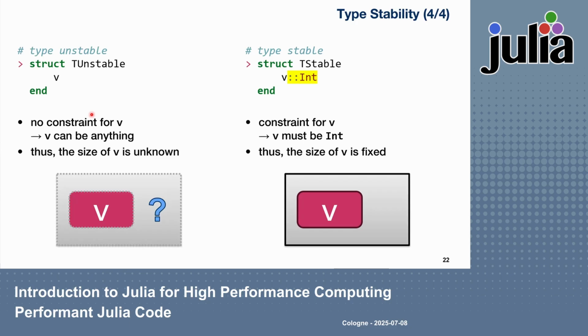But if you specify this Int inside, the compiler knows, okay, this is a structure, like a container, and this container contains an integer. Everything is concrete, as you can see, with a solid line, a solid boundary. So everything is clear.